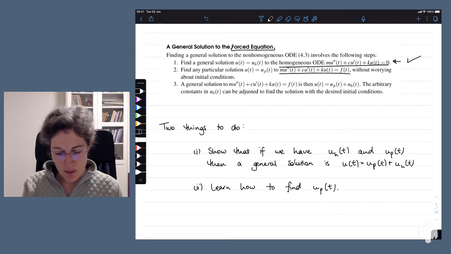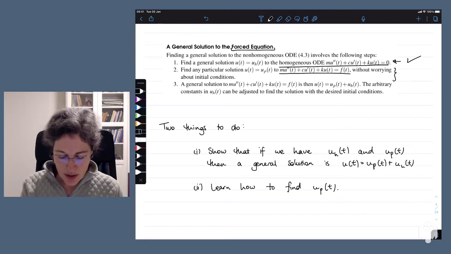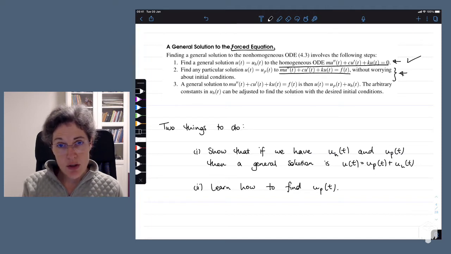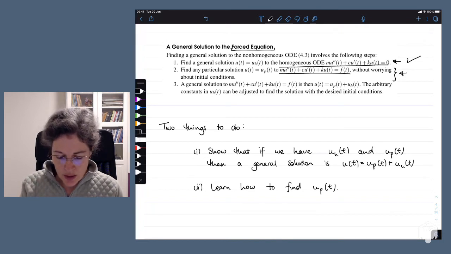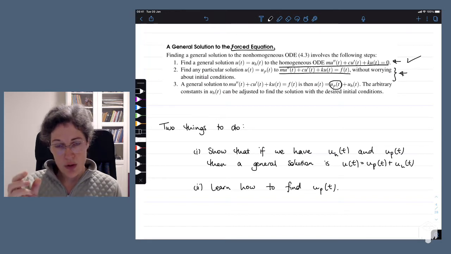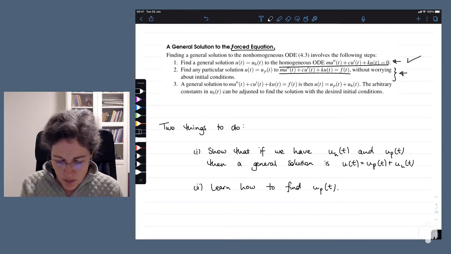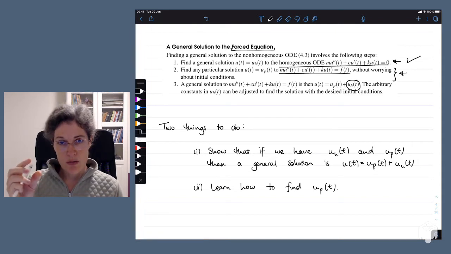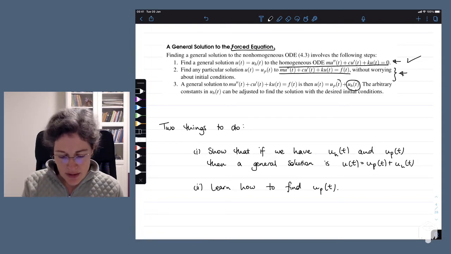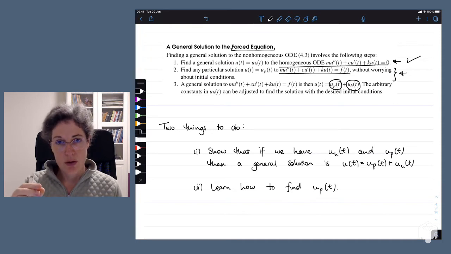You'll see what I mean in a moment. So this is something that we need to do in today's lecture. And then it's going to turn out that the general solution to our forced equation is going to be our general solution to the homogeneous equation, so that's going to have its C's in, plus the particular solution to the forced equation.